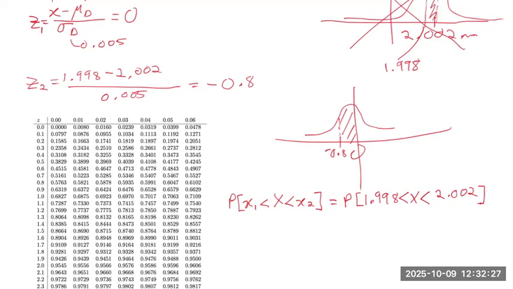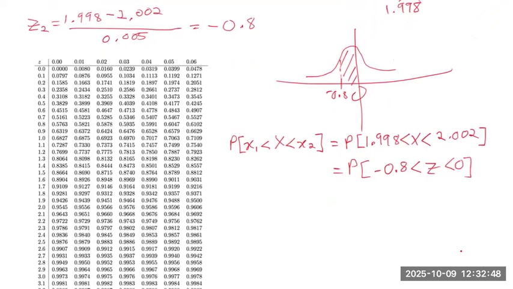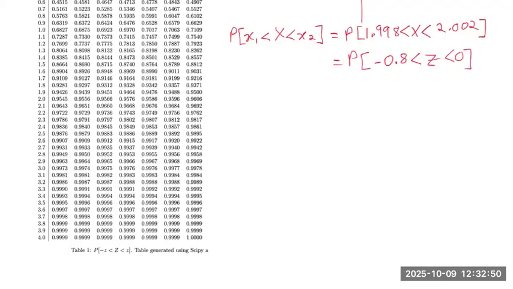And basically this equates to a probability between the z-scores of negative 0.8 less than z less than 0, as you see over here.